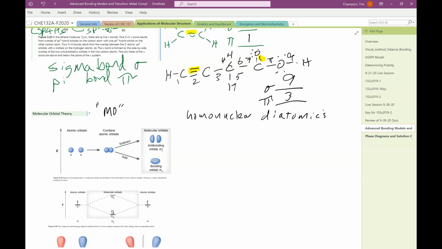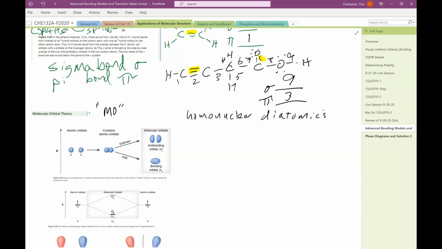And if they combine destructively, they form an antibonding orbital, which is up in energy. And electrons that are in bonding orbitals contribute to a bond, and electrons that are in antibonding orbitals erase bonds, essentially. They subtract from bonds.